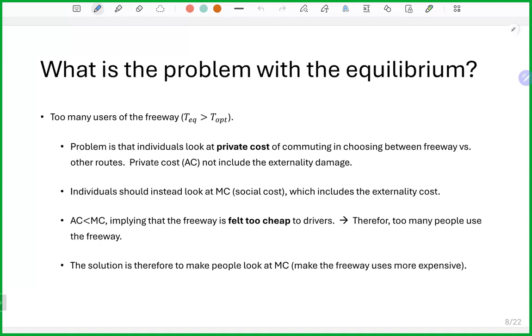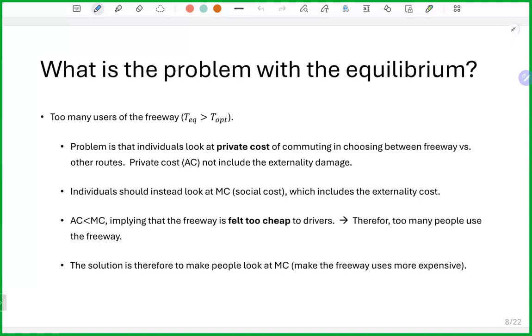So if we impose a congestion toll that is exactly the same as the externality cost, then by design, by construction, this new private cost is equal to marginal cost. Then this new equilibrium will be exactly the same as the social optimum. The idea is very simple.